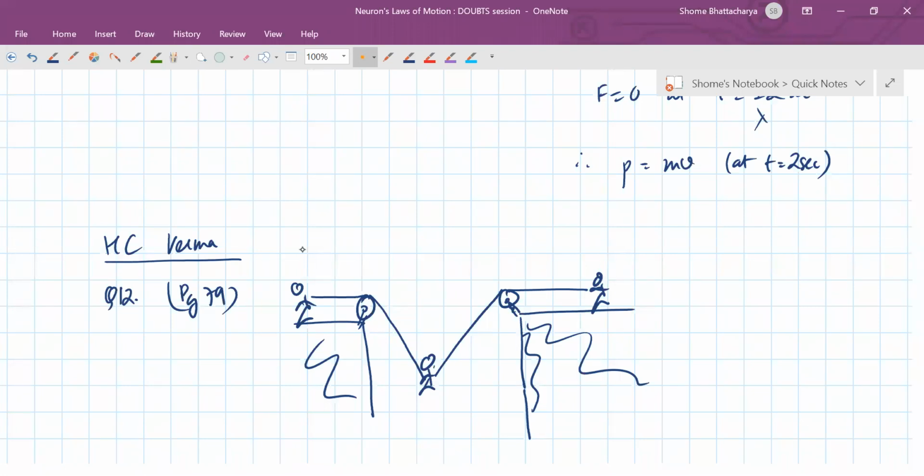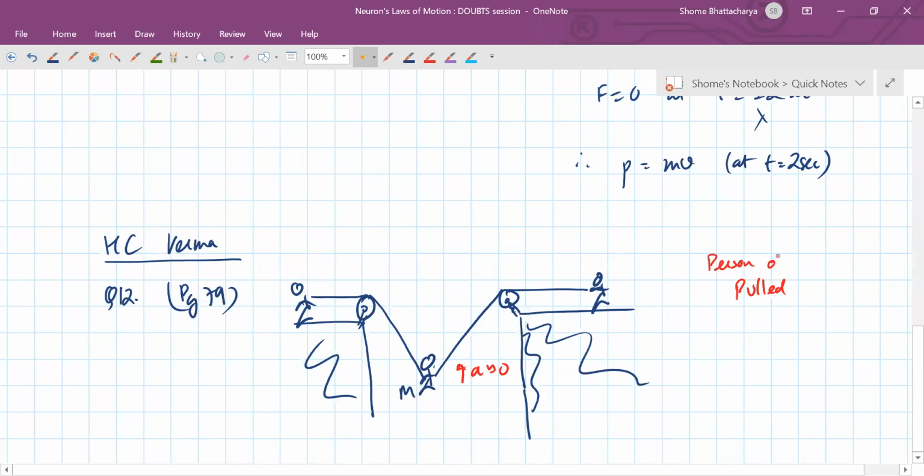If these people are pulling him up very slowly, so this person is moving very slowly, his acceleration will tend to zero because he's being pulled up. You can say this is mass m. Slowly means his acceleration is tending to zero.